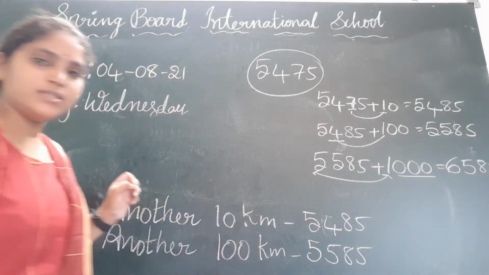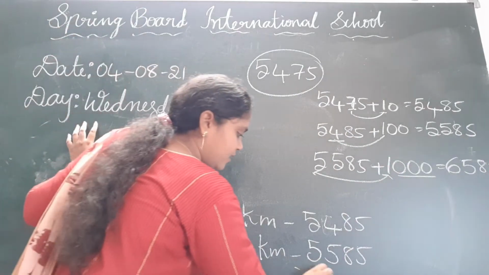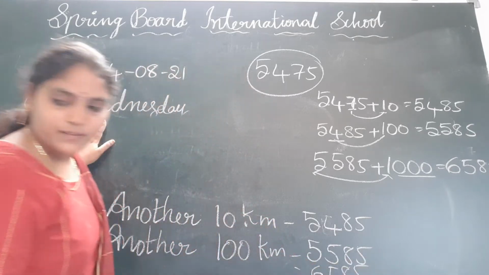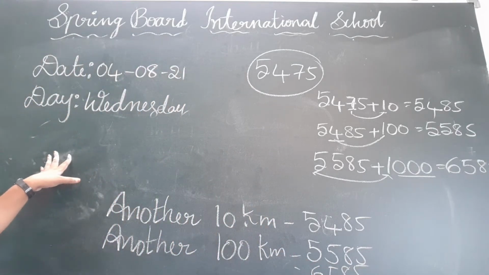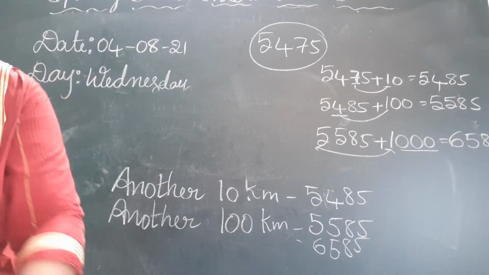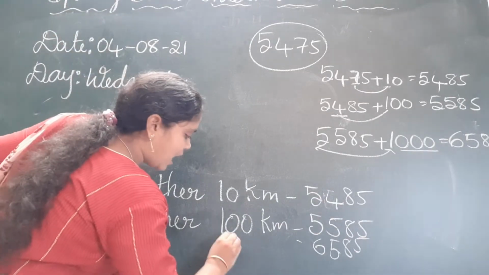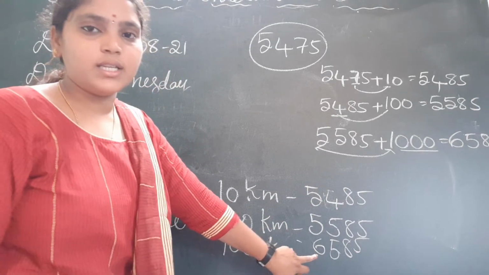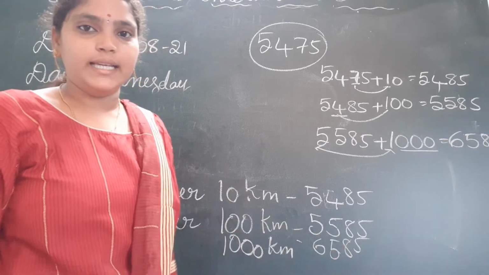So 6,585. Okay, 6,585. So this is the distance traveled after 1,000 kilometers. 6,585.